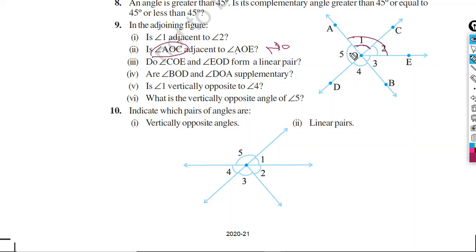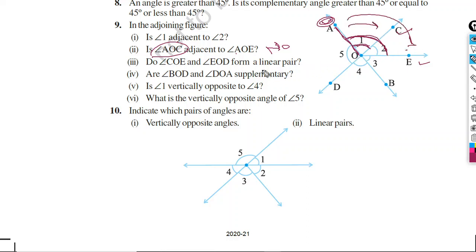You can see this angle AOC and AOE both have a common arm, that is OA, and the non-common arms, OC and OE. Are they on either side of the common arm? No, they are on one side. Both are on the one side of the common arm.